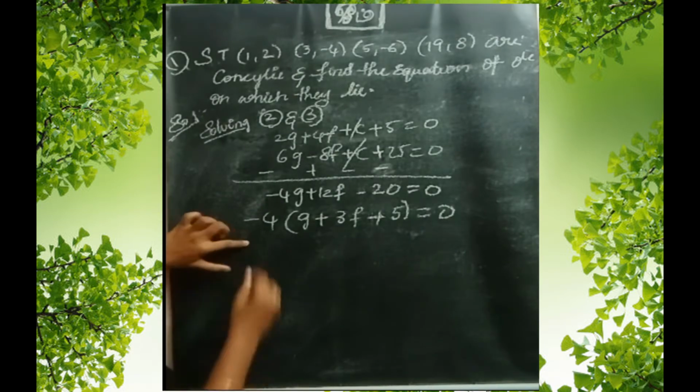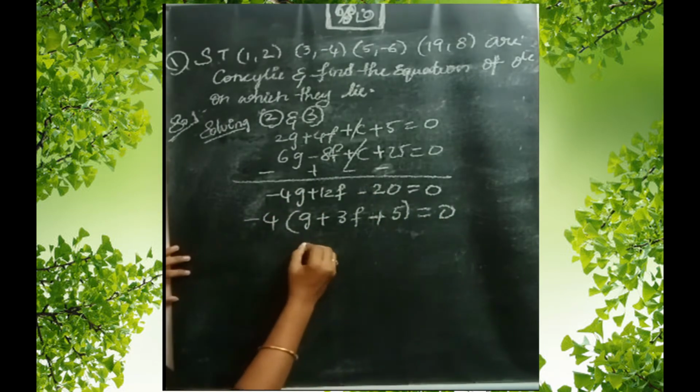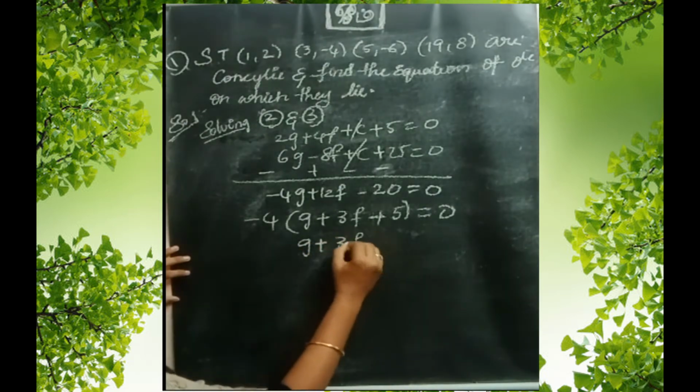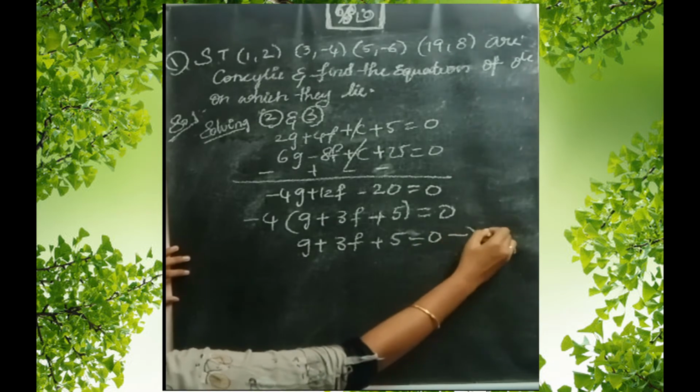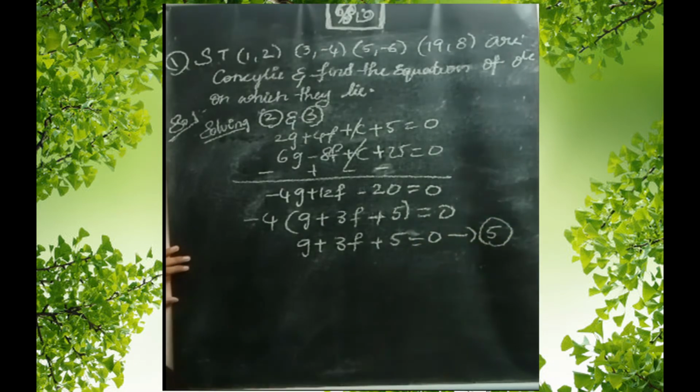So g plus 3f plus 5 equals 0, which is our fifth equation.